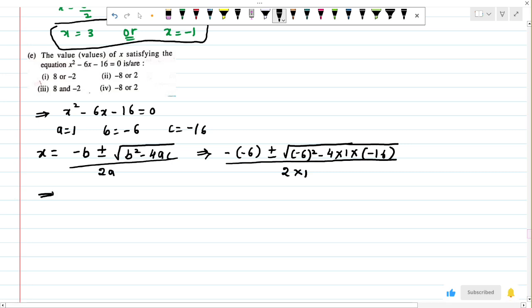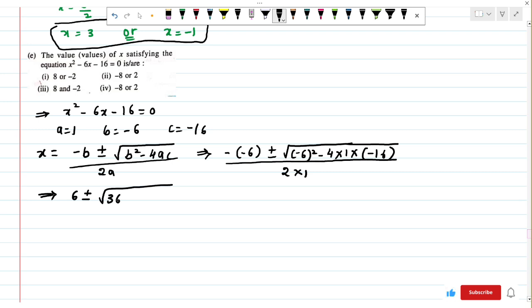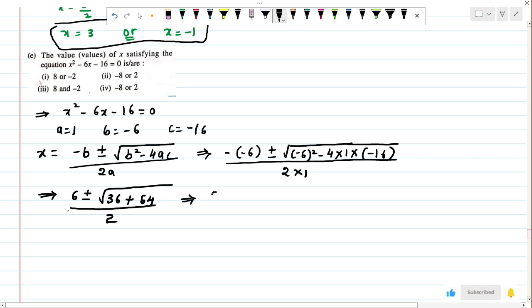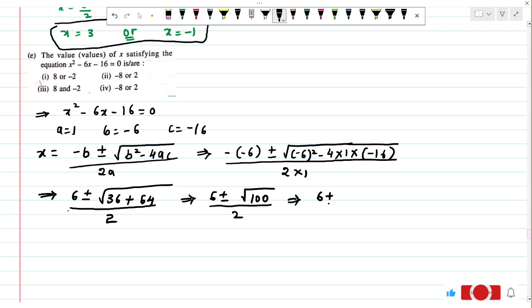So if I simplify this, I'll get 6 plus or minus root of 6 square is 36, minus of minus becomes plus, 16 fours are 64, divided by 2. I'll simplify this once again: 6 plus or minus root of 36 plus 64 is 100, divided by 2. Again by simplifying, I'll write it as 6 plus or minus 10 divided by 2.